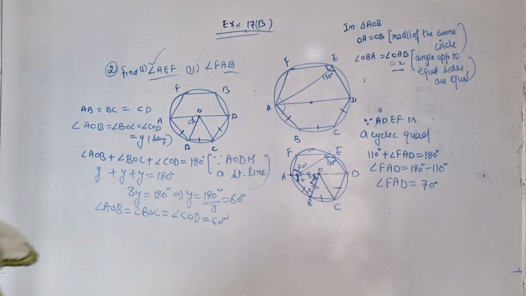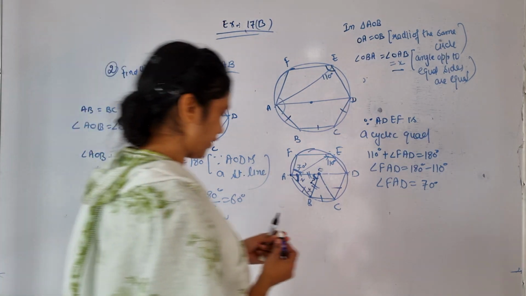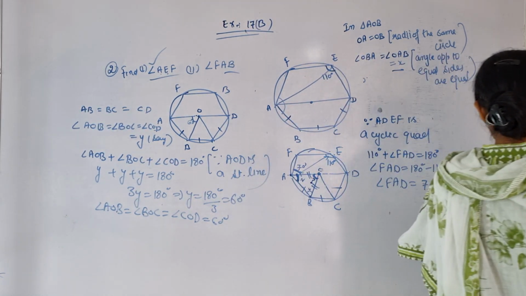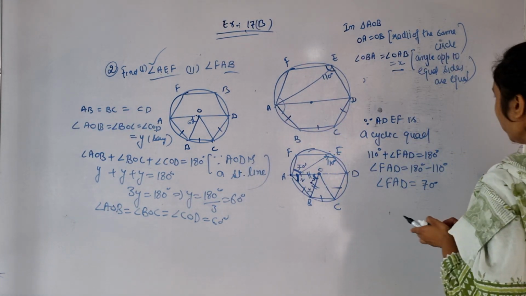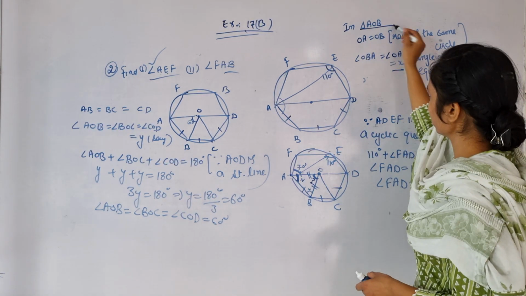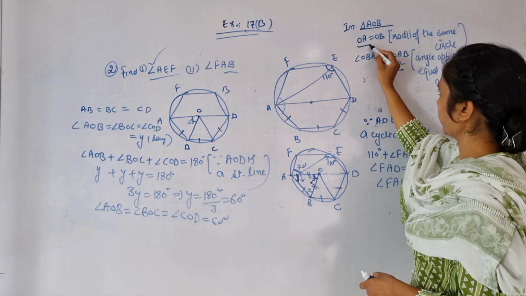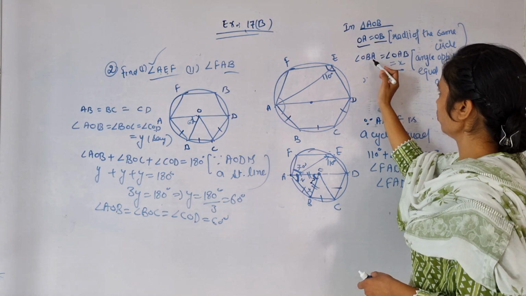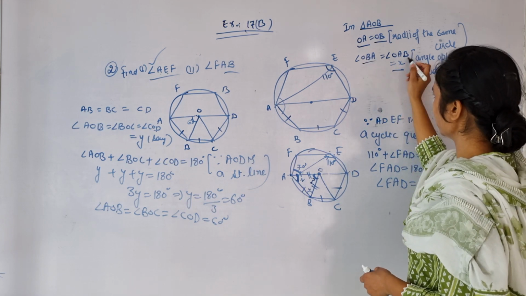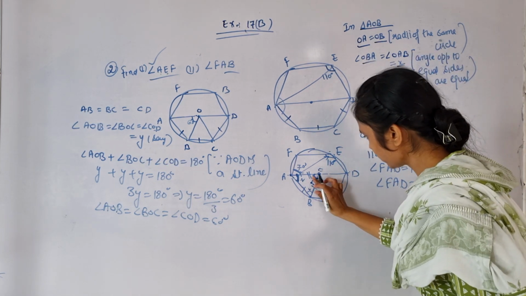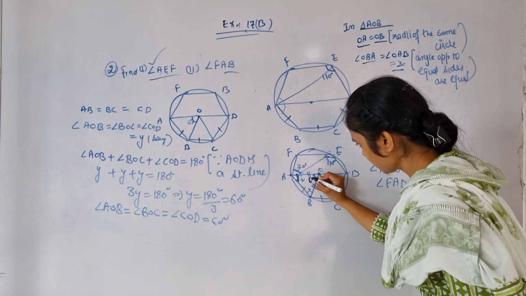Now we can apply the result that the sum of angles of a triangle is equal to 180 degrees. So come back here. In triangle AOB, we have equated AO and BO, both are radii of the circle, so opposite angles will also be the same. Now this angle we have calculated as 60 degrees.